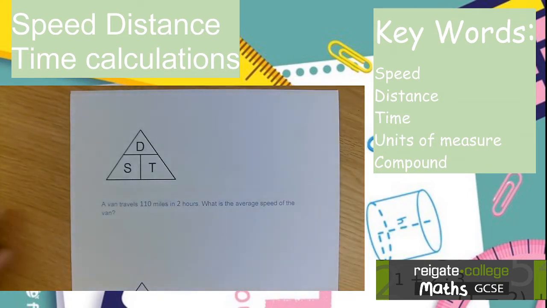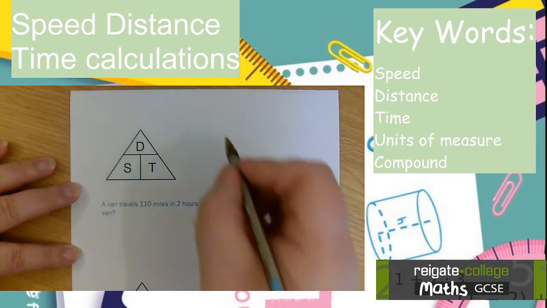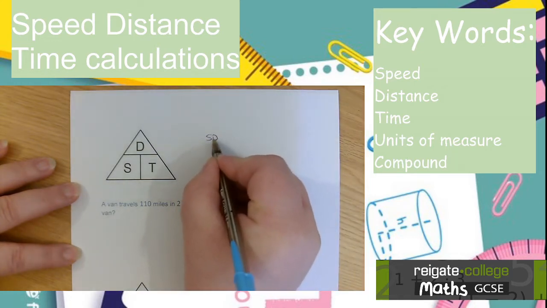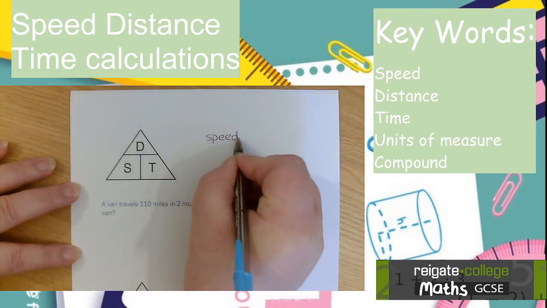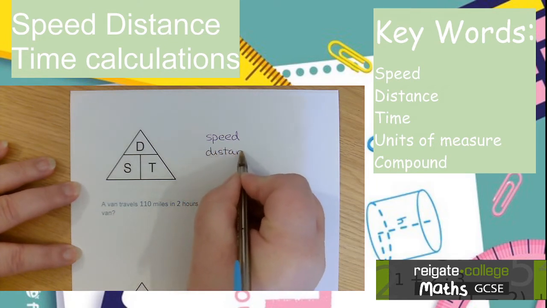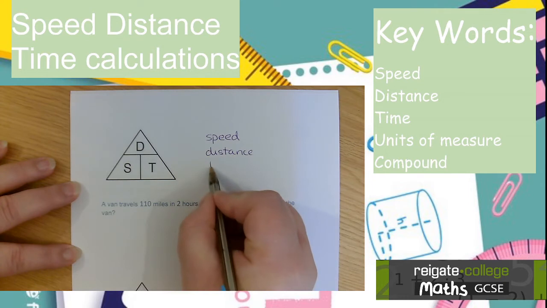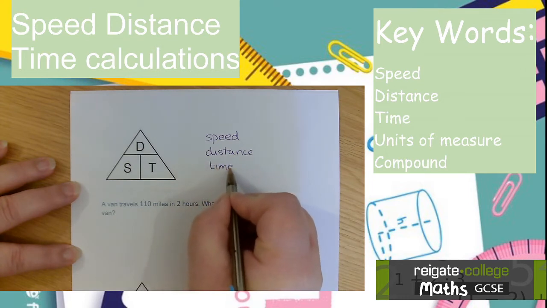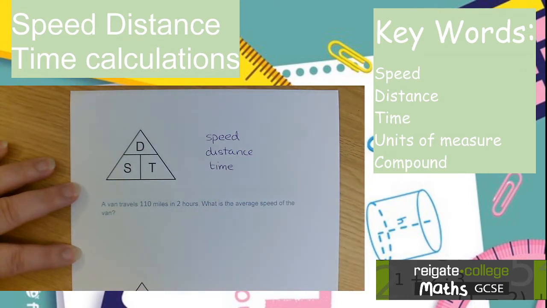Here is our first calculation. Now, good practice when we're doing a speed, distance, time calculation is to write out the fact that every journey is going to have a speed, a distance, and a time. And if we want to calculate anything, we need two of these elements in order to work out the missing one.